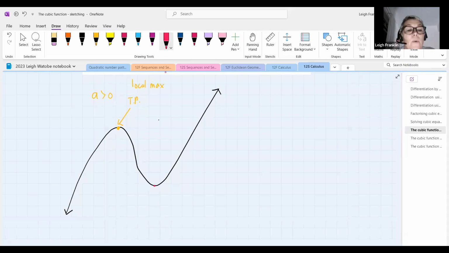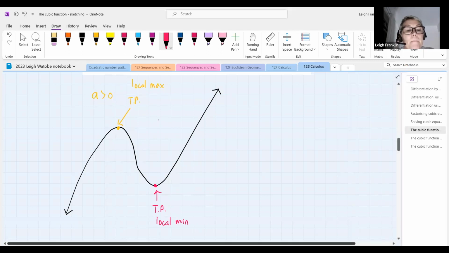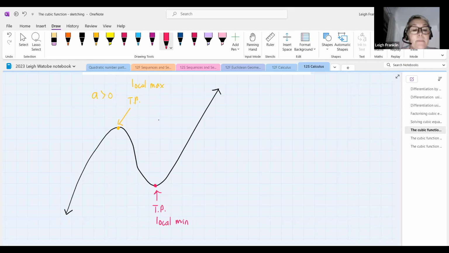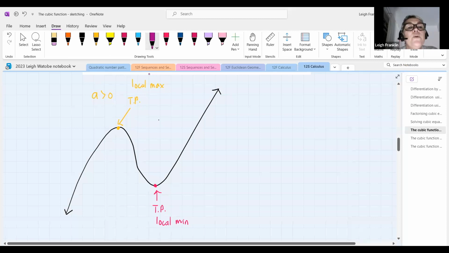The turning point in pink is referred to as our local minimum. At both of our turning points, our gradient is 0. At the turning points, the gradient is 0 and the graph changes direction.